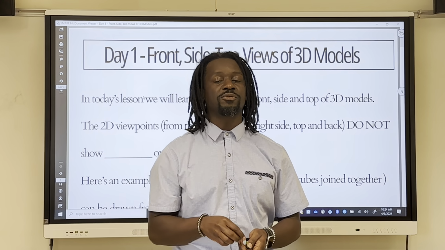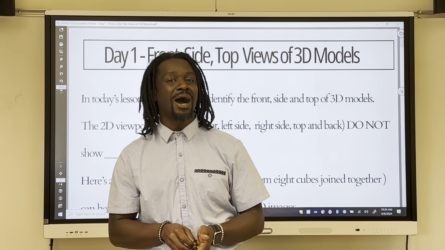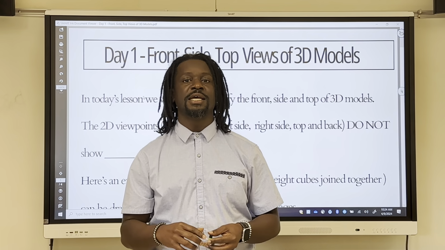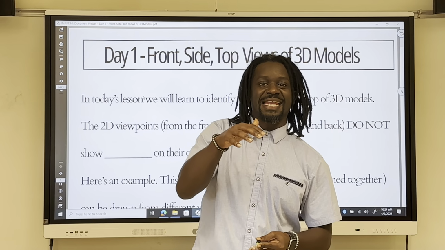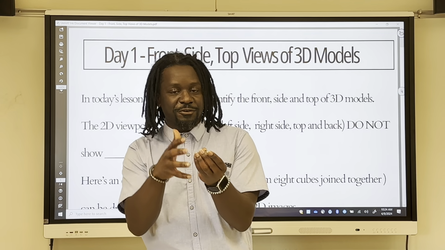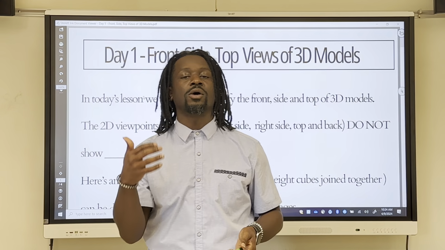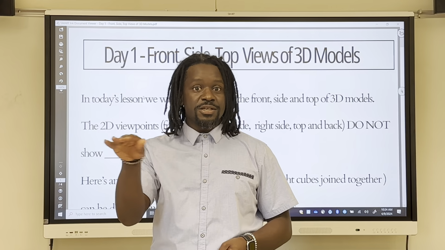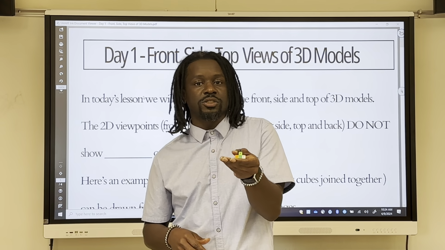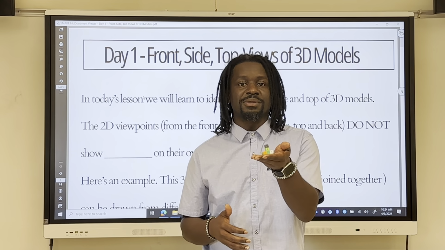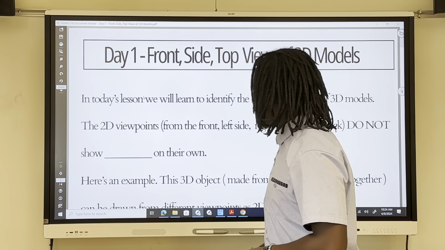We're going to see them modeled on flat surfaces, but we need to understand that even though it looks flat, it still has 3 dimensions. It is actually a figure that we can hold. So that's what we are going to be looking at today, recognizing that although it is on a flat surface, it represents a figure that has 3 dimensions, okay?